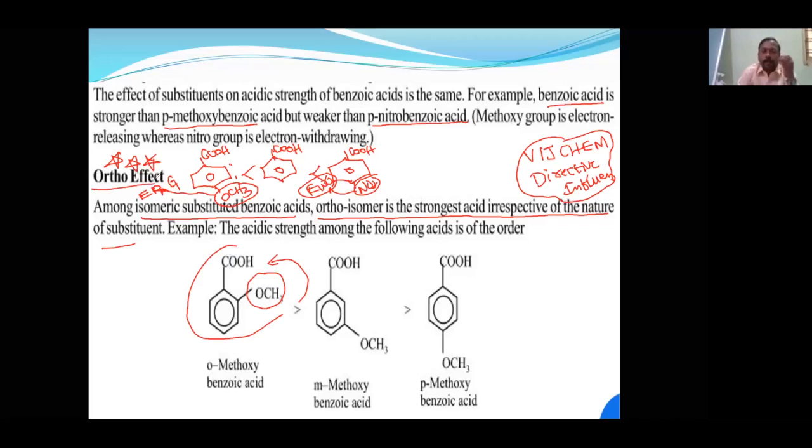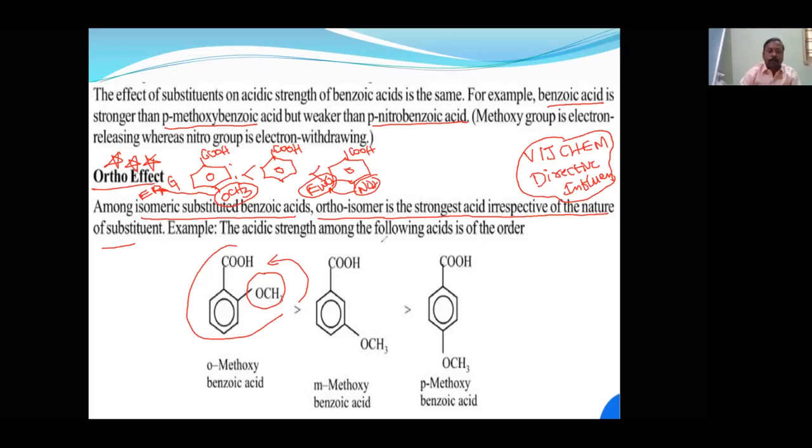Okay. Let it be any group. If it is present at the ortho position, that is going to be the strongest acid. Irrespective of the nature and type of substituent at the ortho position, always the ortho substituted carboxylic acid will be more and more stronger. So acidic strength among the following acids is of the order.